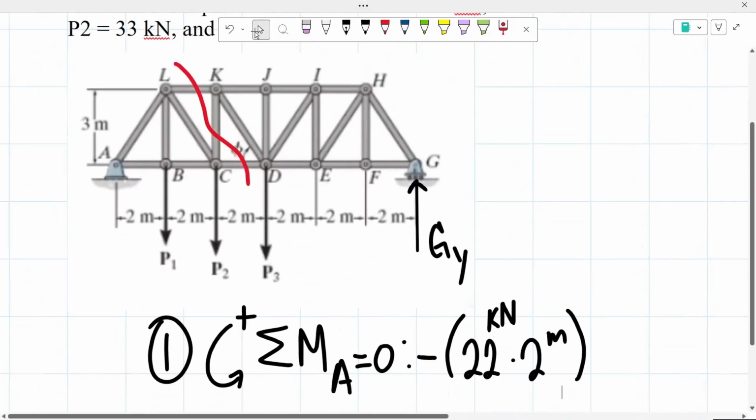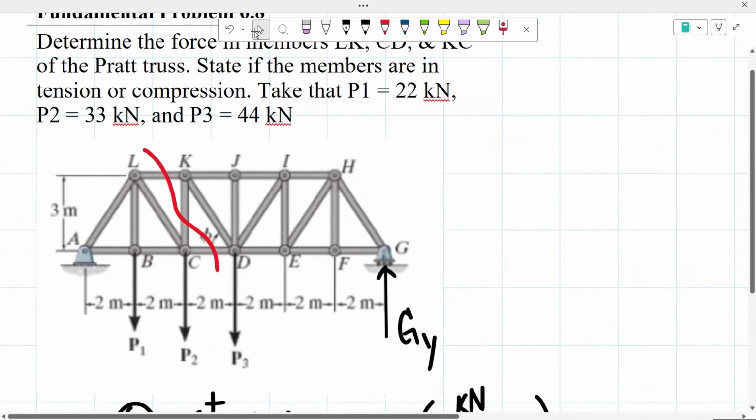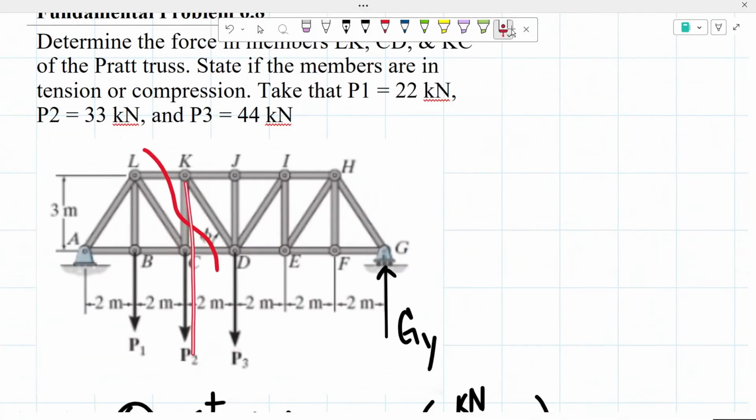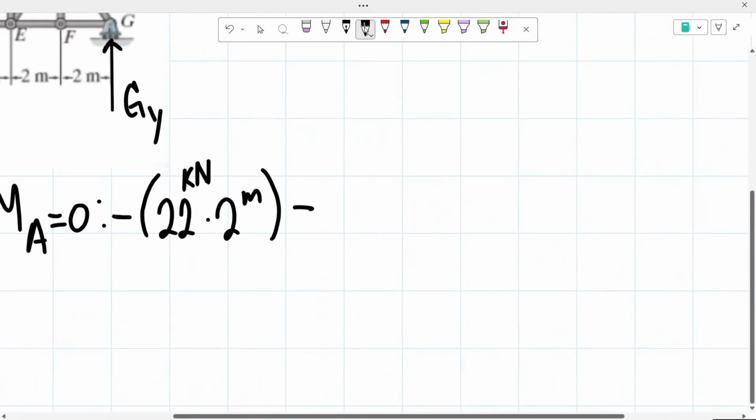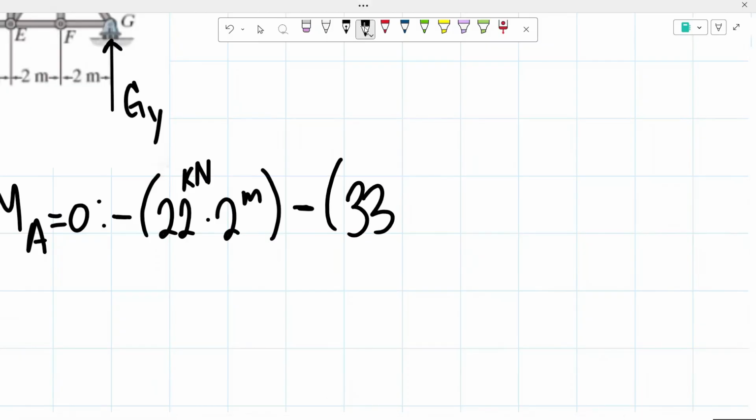Then the only thing that changes is their force and their distance. For P2, we have a force of 33 kilonewtons and a distance of, from here to here, 4 meters. So negative moment with a force of 33 kilonewtons times a distance of 4 meters.